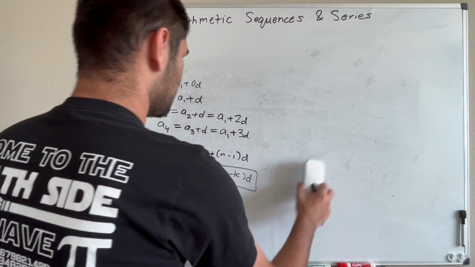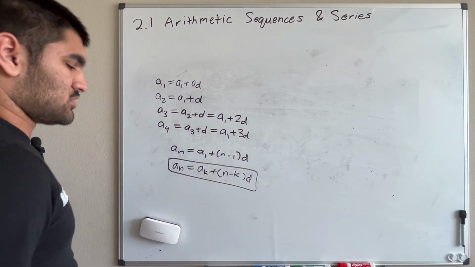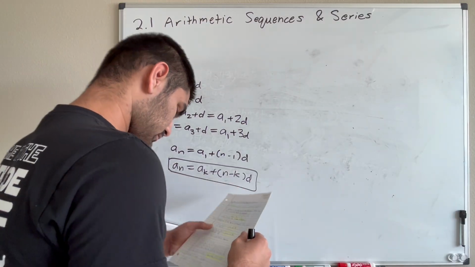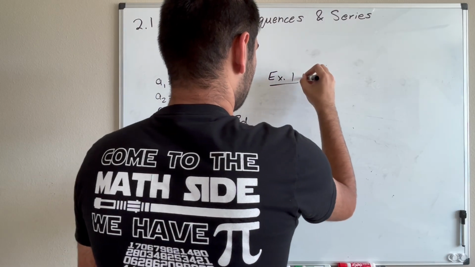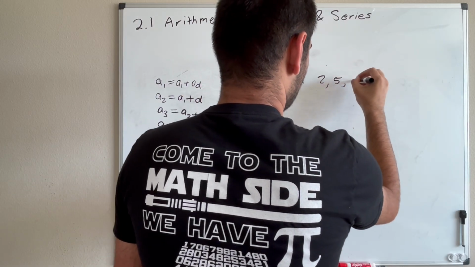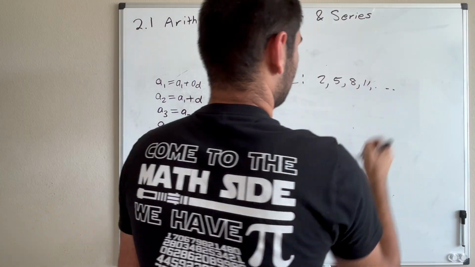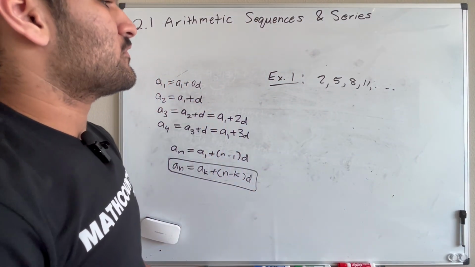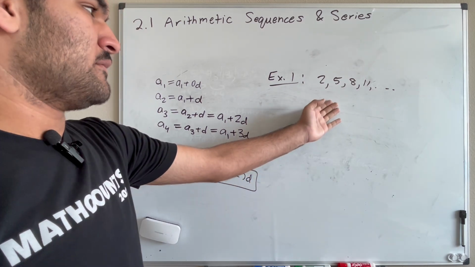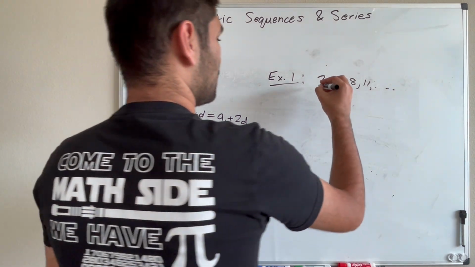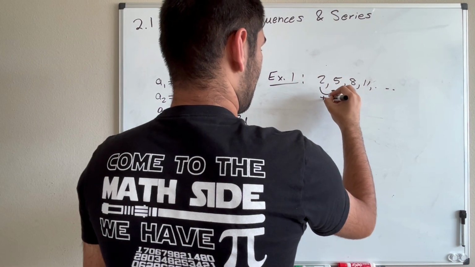All right, so now let's do some examples where we try to find some terms of an arithmetic sequence. Let's say we have some sequence 2, 5, 8, 11, and so on. The first step is to see if this is even arithmetic or not. Well, from 2 to 5, you add 3.